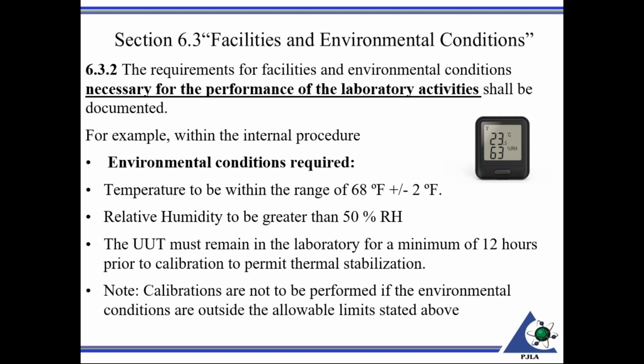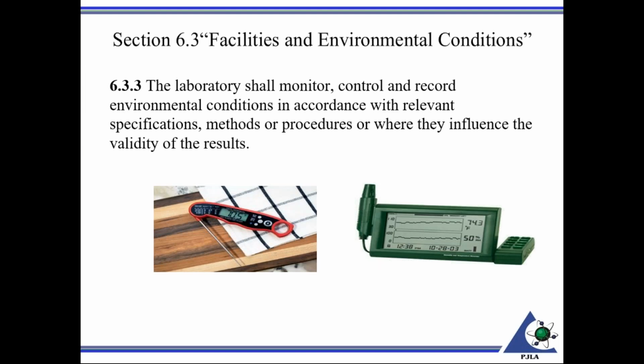So this is an example of what you should have in place for any particular environmental criteria. Typically, this is temperature, humidity, that would possibly impact and perhaps need to be controlled in order to perform your test or calibrations. 6.3.3, the laboratory shall monitor, control, and record environmental conditions in accordance with relevant specifications, methods, or procedures, or where they influence the validity of the results. So perhaps you have temperature range.